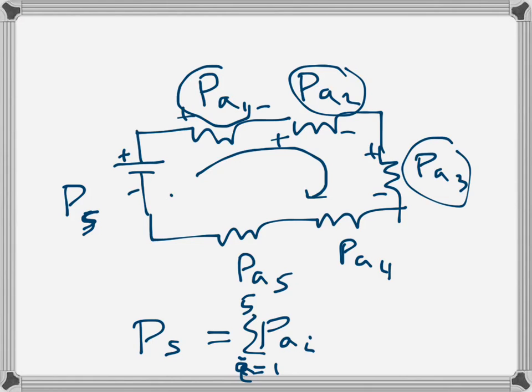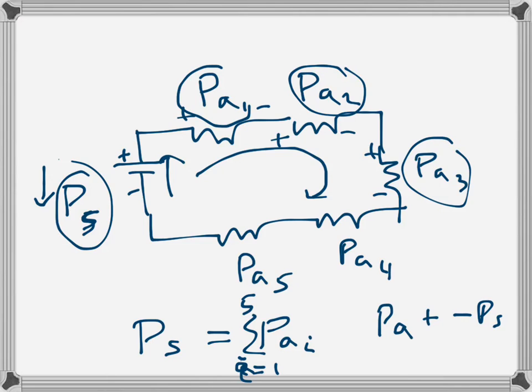And here the current will be in this direction, and the voltage drop is in that direction, so the EMF will be negative. If we want to assign a sign to power, then this one will be negative. So all these PAs will be positive, and PS will be negative, and the sum will be 0.